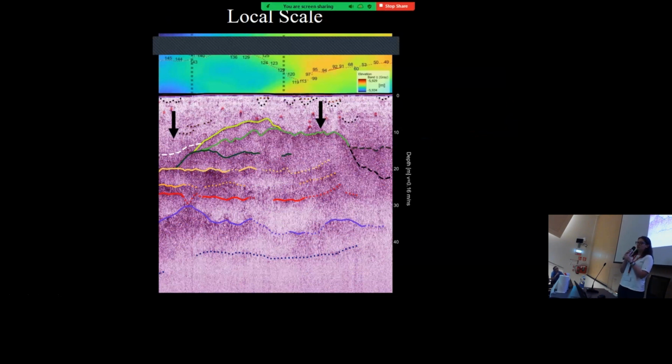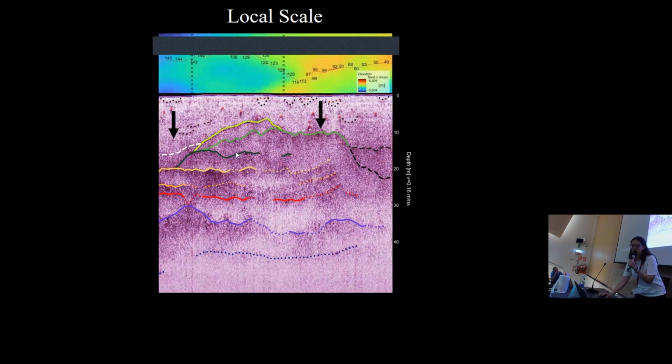But I want to focus a bit deeper on these figures, because the most important thing is this unit characterized by this light green reflector, which turns out to be the most laterally continuous and the highest amplitude reflector of all the LPR data.